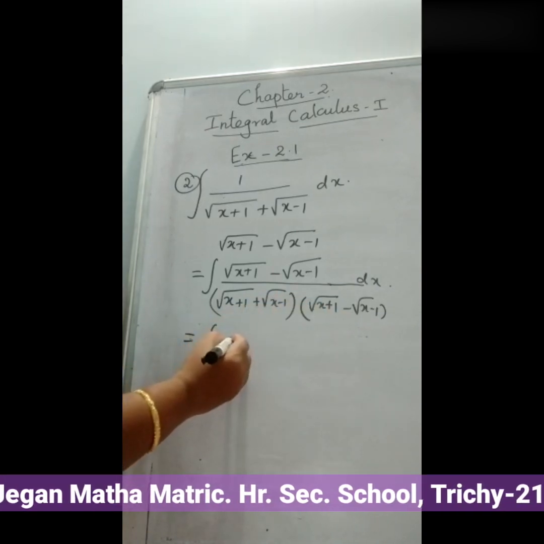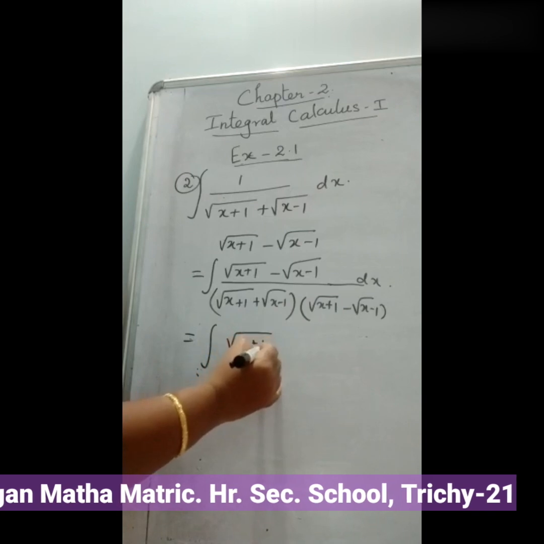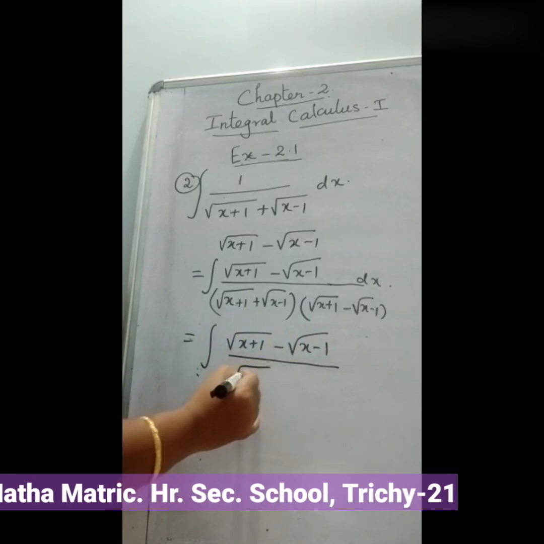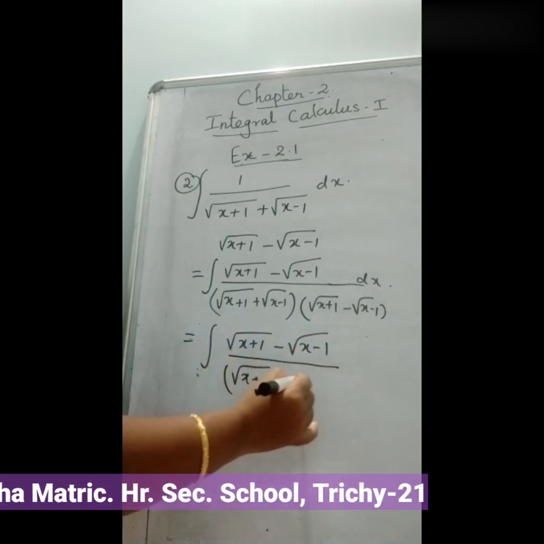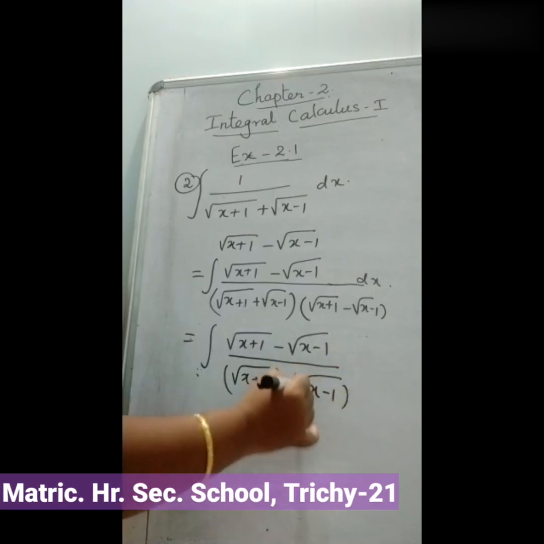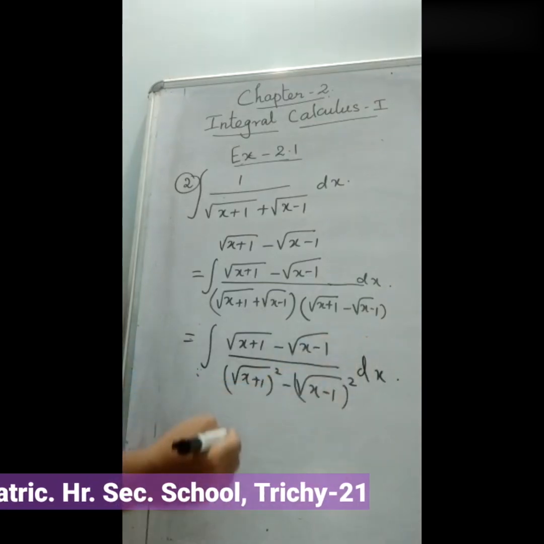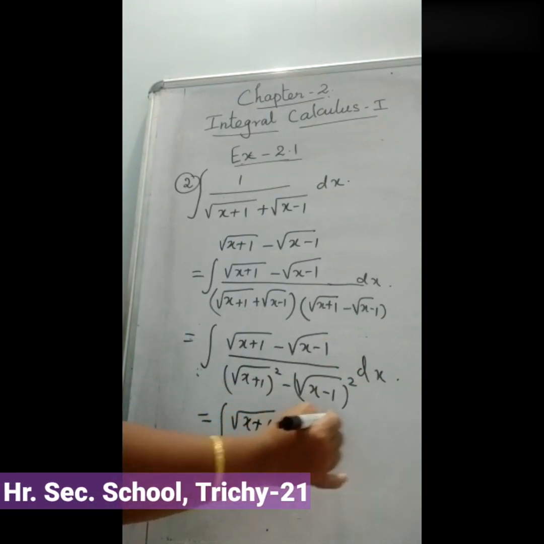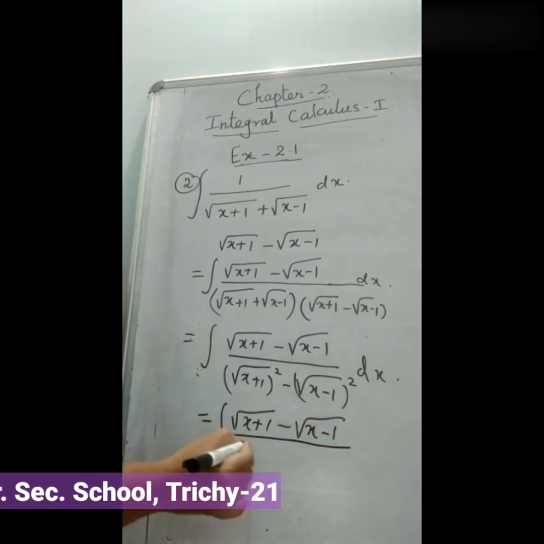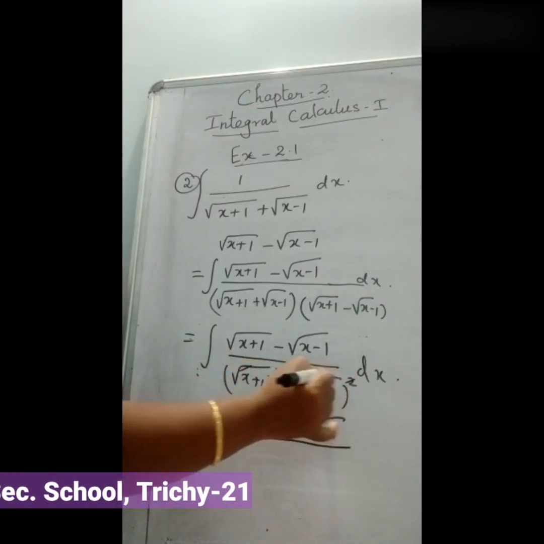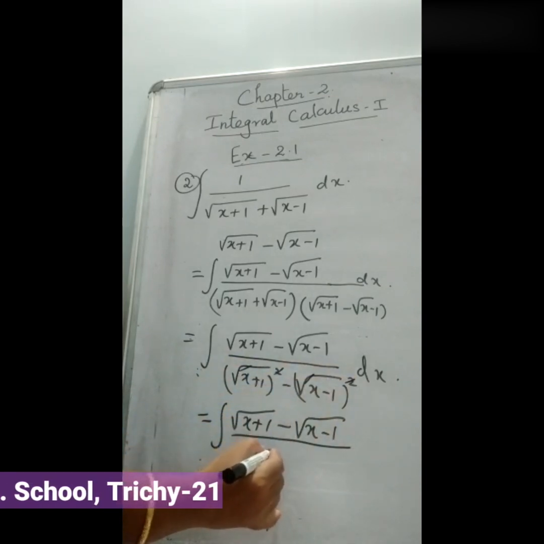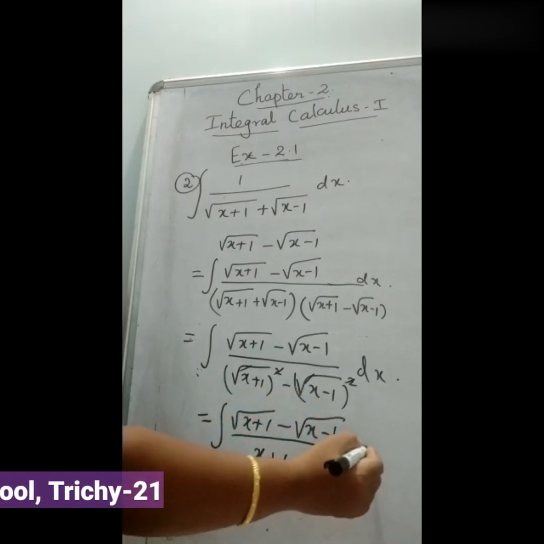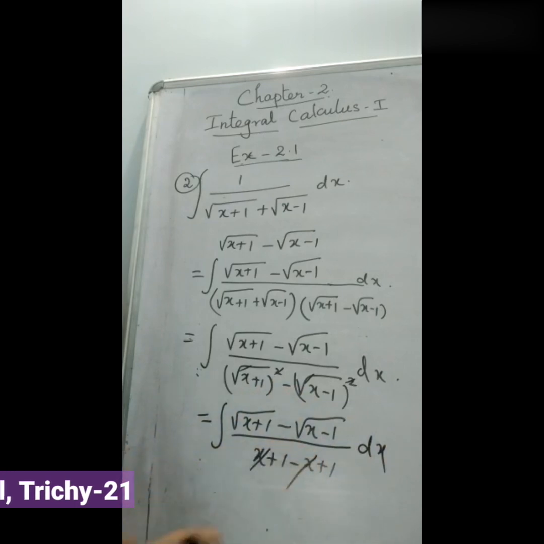So that is the integral of root of (x+1) minus root of (x-1) divided by (root of (x+1))² minus (root of (x-1))² dx. The square root and square will be cancelled, so you have to take (x+1) minus (x-1). Multiply the minus into this term; x and minus x will be cancelled.